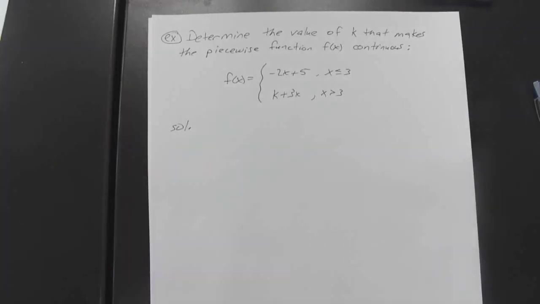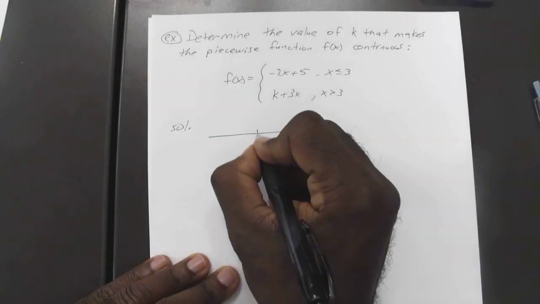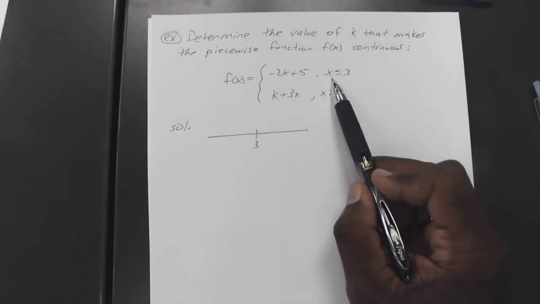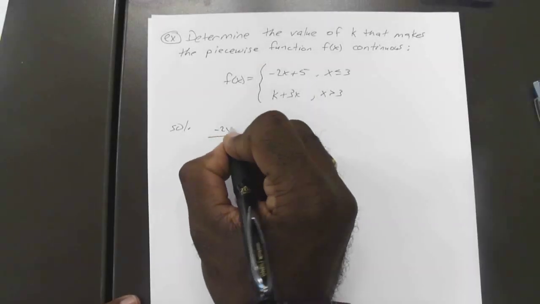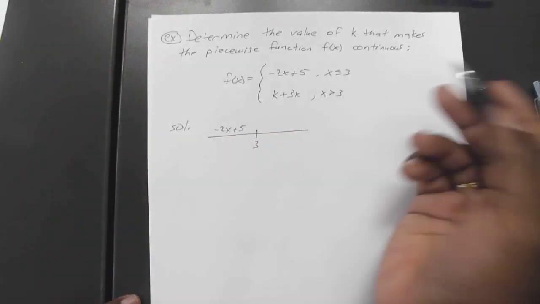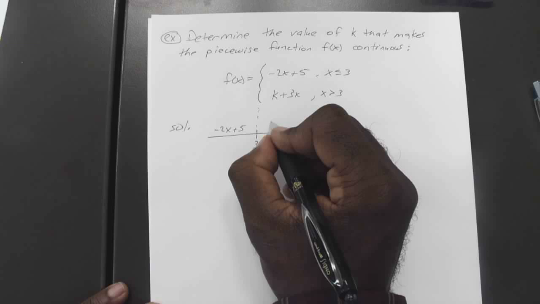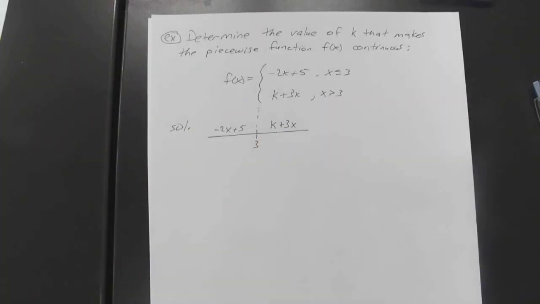Okay, so we only have one point where it breaks apart, so we don't have to worry about the boundary lines, because there's only one, and that's 3. So you know when you're approaching 3 from the left, it's -2x plus 5, for x less than 3. When x is greater than 3, your f of x is k plus 3x. Okay.